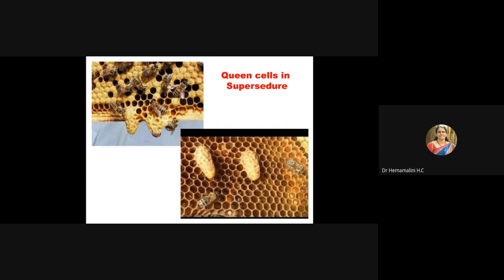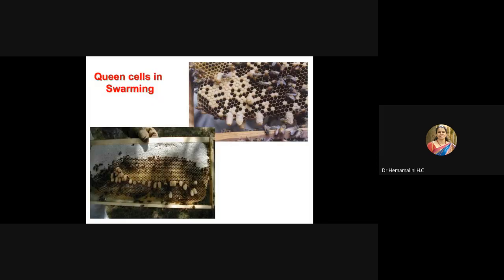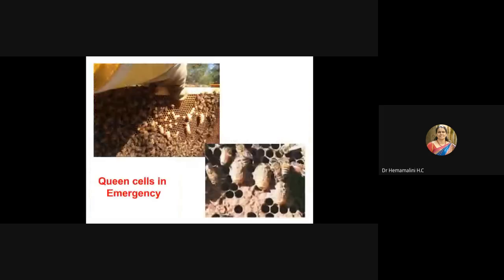This is how the queen cell looks during supersedure. It is found even in the middle of the comb as well. This is during natural swarming. This is during supersedure, and during emergency time also they produce queen cells in the middle of the comb as well.